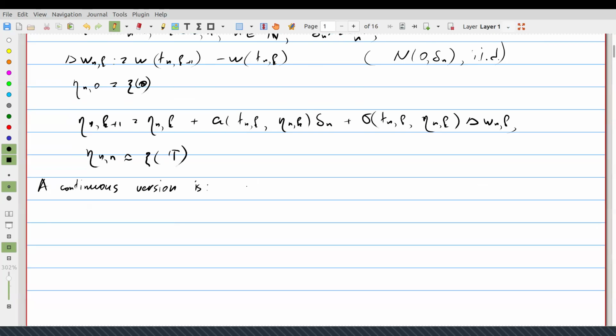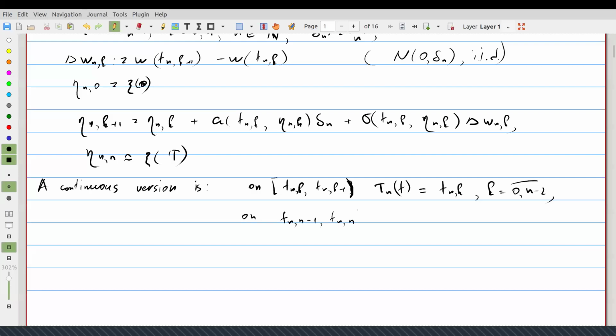Firstly, we will introduce a new function, tau_N of t, which just equals t_{N,k} when t is in the k-th interval, k from 0 to N minus 2, and on the last interval, up to T capital, tau_N of t is just t_{N,N-1}.